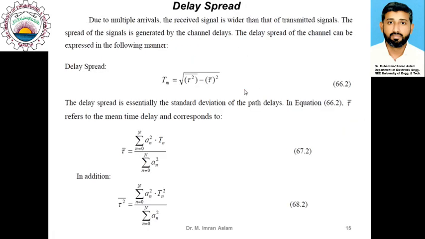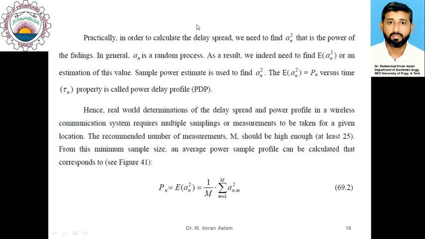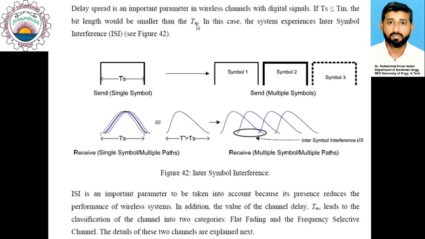This is the standard deviation of the delay as a random variable, because it is a random variable, so we calculate the standard deviation. This delay spread is an important parameter because it gives an indication of whether there is inter-symbol interference or not in the signal received from the wireless environment.